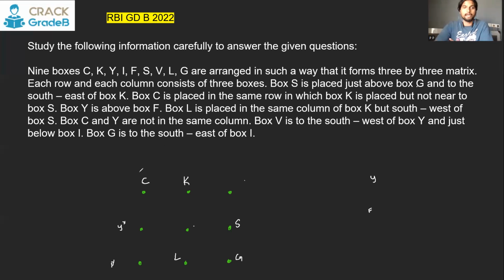And just below box I. So if this is Y, V is going to be southwest of Y and just below I. Box G is to the southeast of box I. If we consider this as Y, below I there should be box V. V is to the southwest of Y and just below I. So I and V not possible.